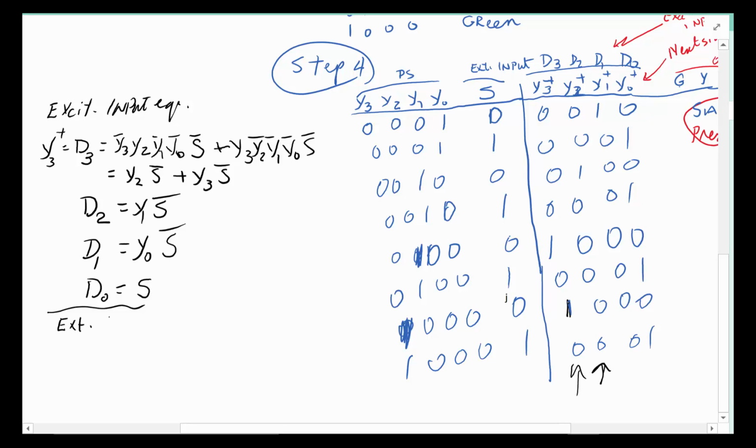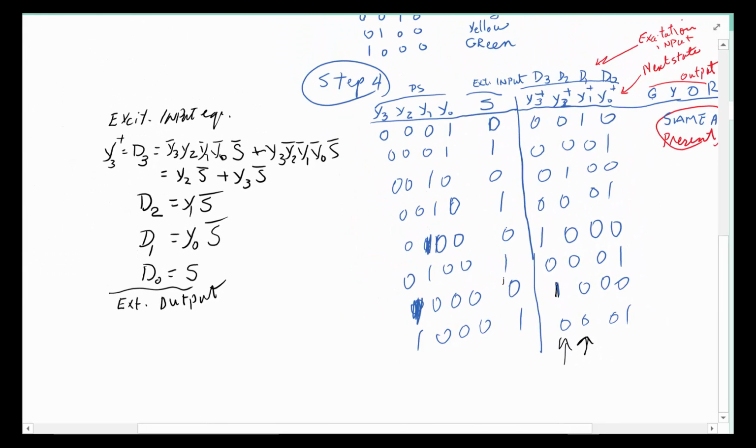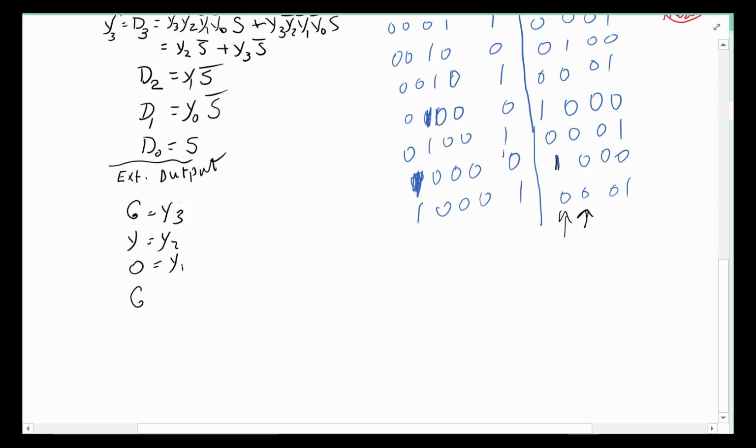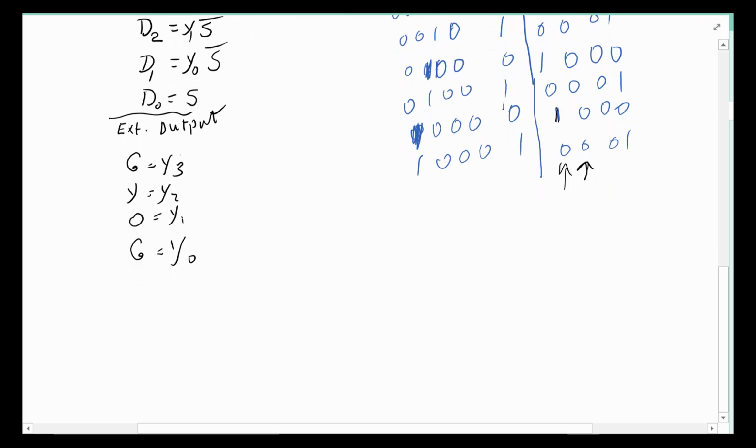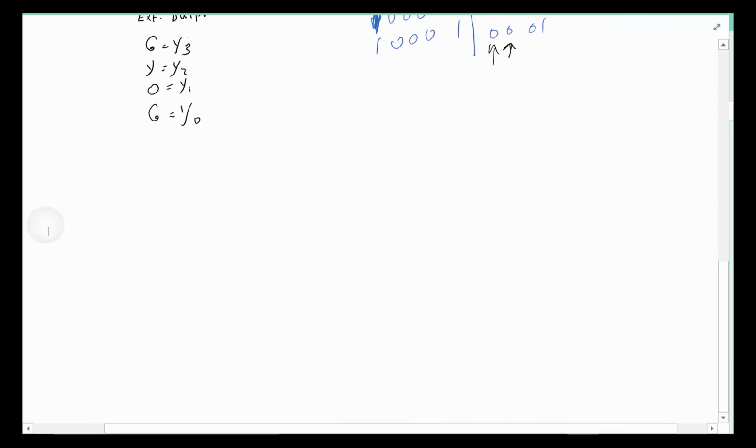The next one is the external output. As we mentioned, in this particular case, the external output becomes somewhat easy because we could just say green is equal to Y3, yellow is equal to Y2, orange is equal to Y1, and red is equal to Y0. Once I have done this, then the schematic becomes really easy. I'm not going to show the clocks.